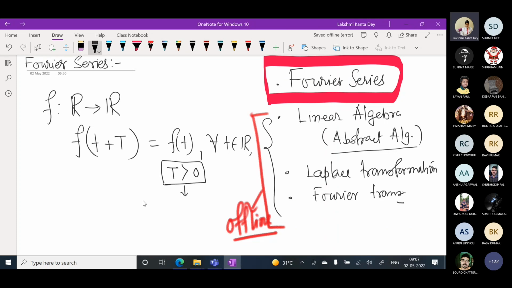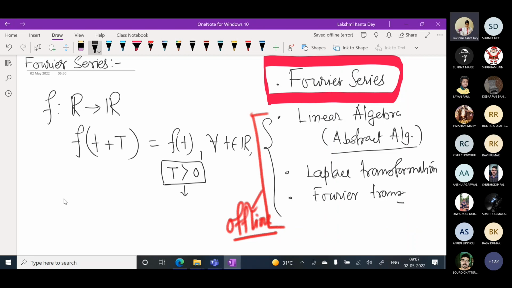If there exists some capital T such that the function is repeated after a certain stage, then we can say that it is a periodic function, and the period of the function is basically the smallest such positive number T, right?